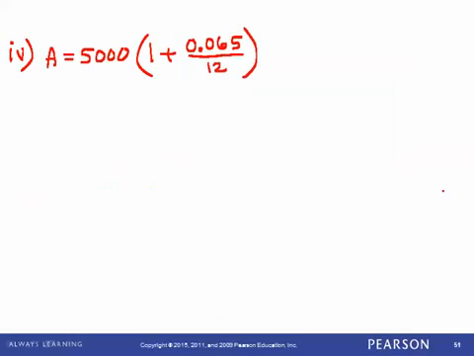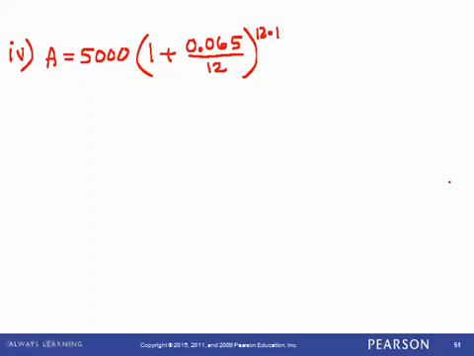Okay, what happens if we do it monthly? So in this case, we're going to divide the .065 by 12, because now every single month we're only getting 1/12 of that interest. At the same time, we've compounded 12 times in a single year, so it's 12 times 1.